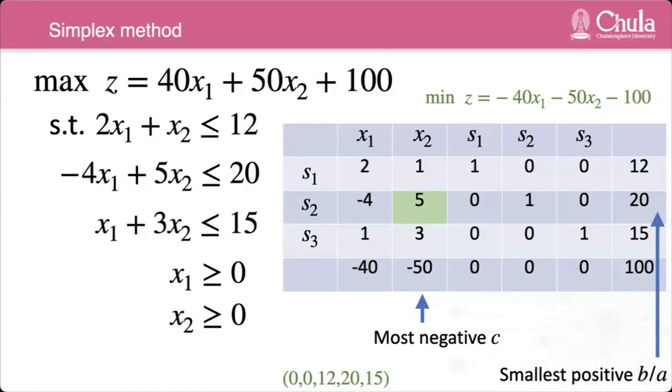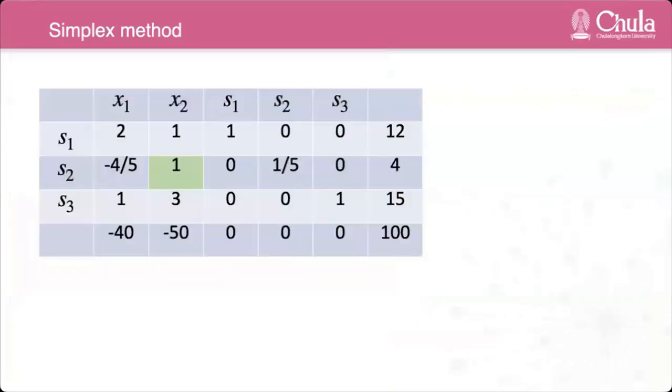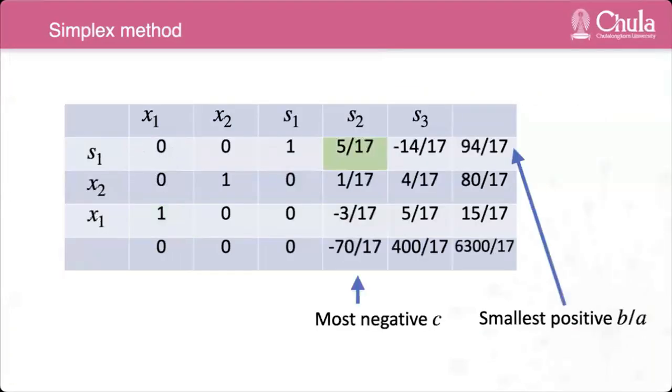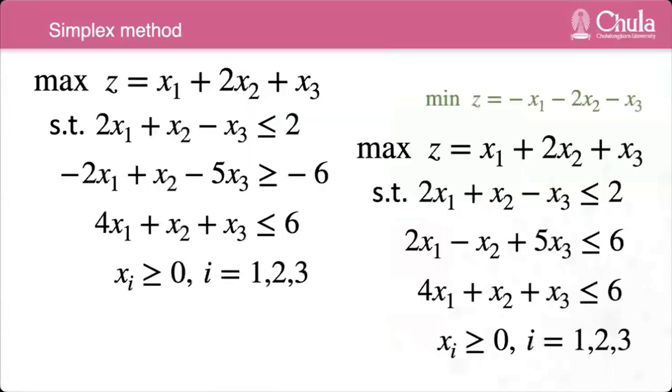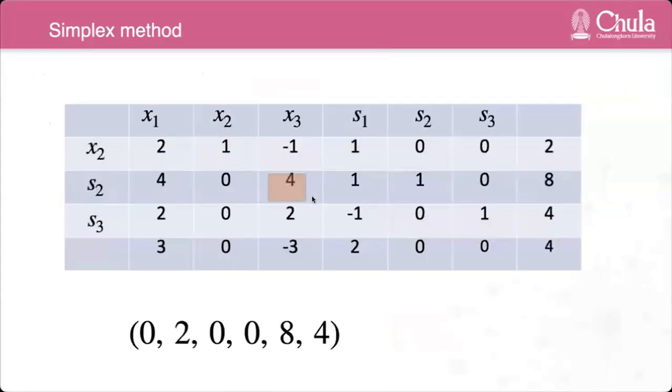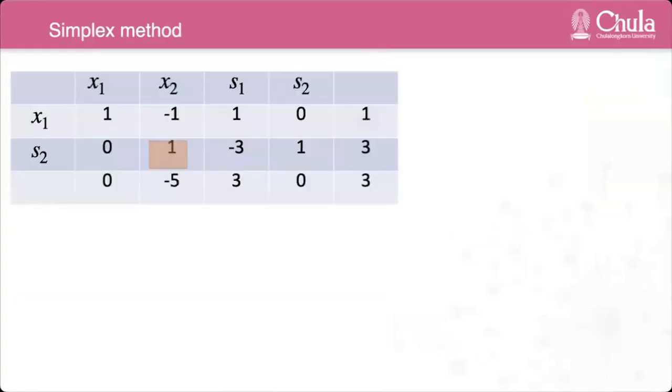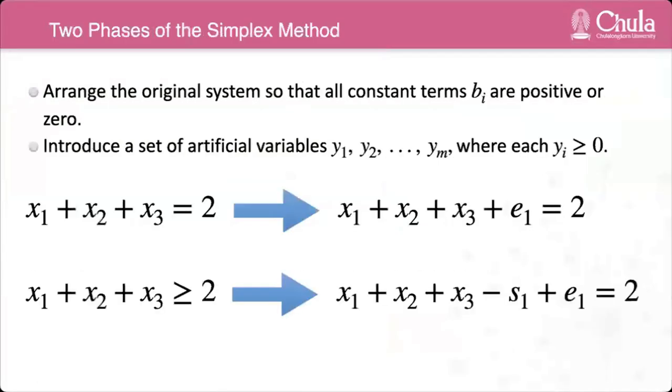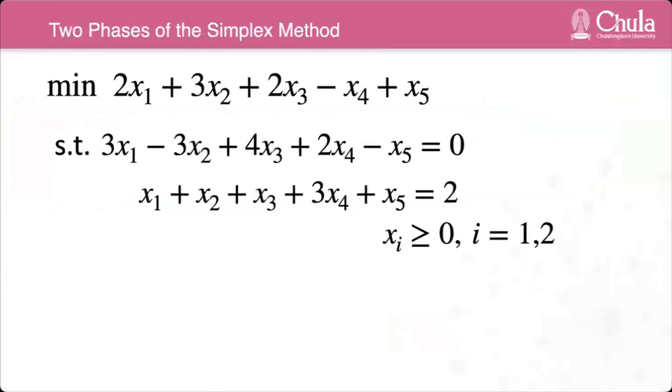And with the two-phase algorithm, of course, you can handle the problem where we have an equality constraint, right? In case we have an equality constraint, it's very simple. You just add extra variables, auxiliary variables, right?